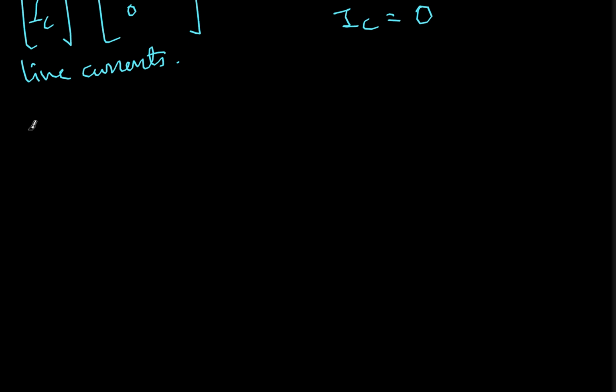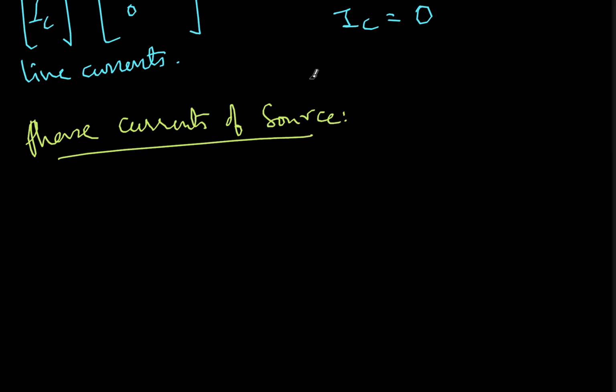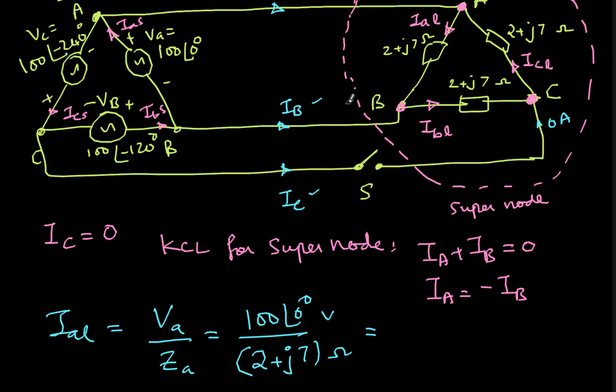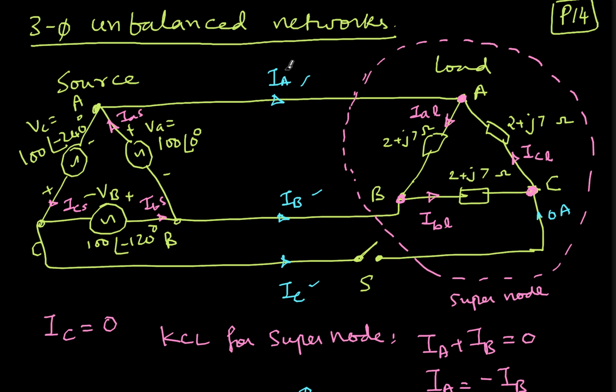Let's do phase currents of source. So look at the source. I know IA, IB and IC. So what is the best way to find IAS, IBS and ICS?